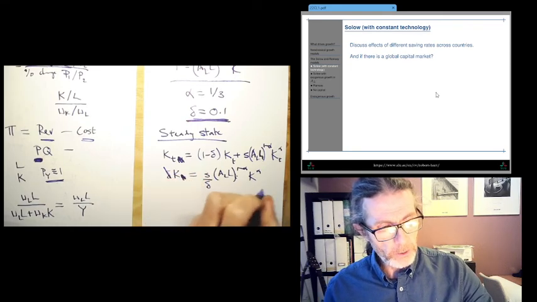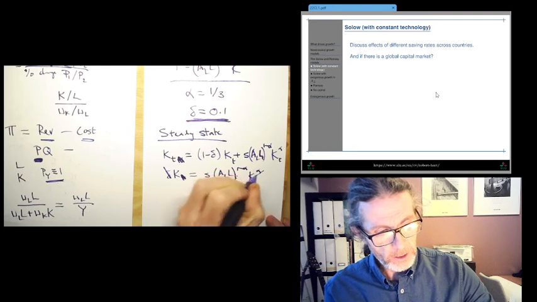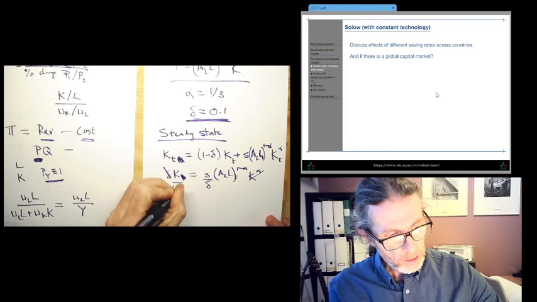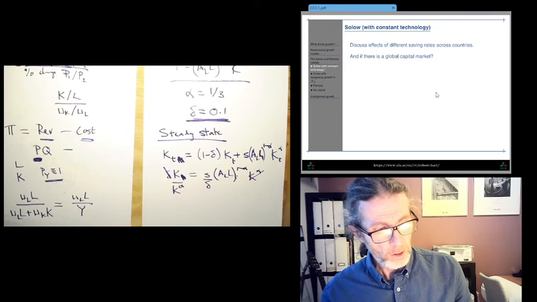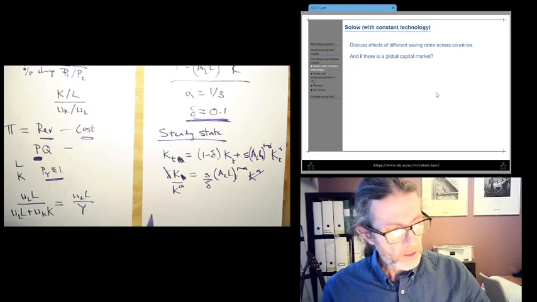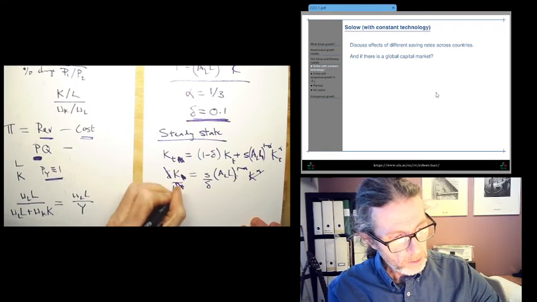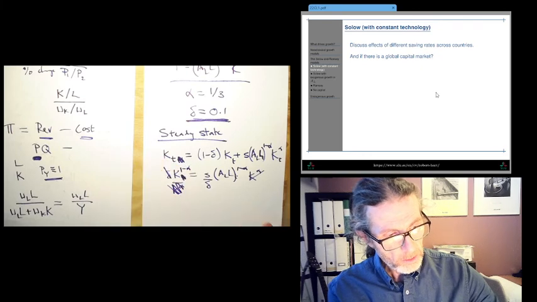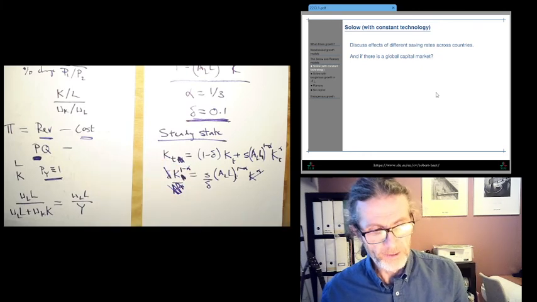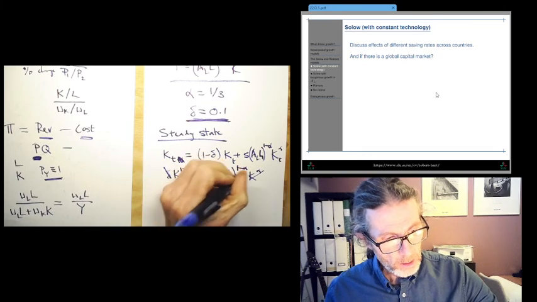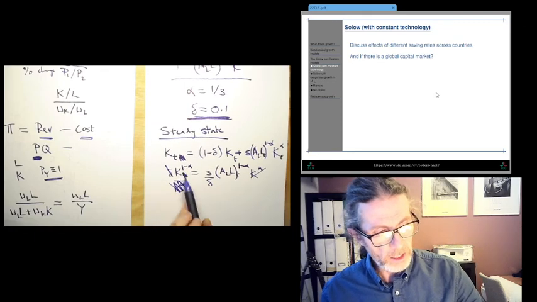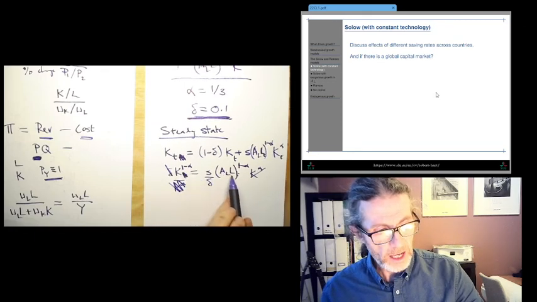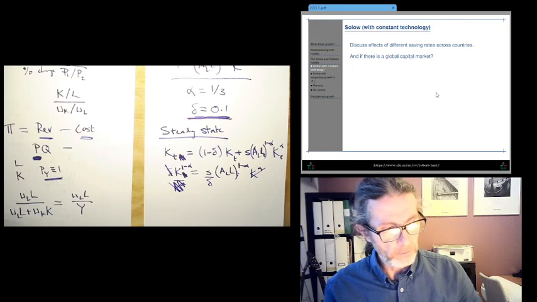Now let's divide through by K to the power alpha, and we have that. And that is the same as K to the 1 minus alpha. Okay? So we've got K to the 1 minus alpha is s over delta times A L to the 1 minus alpha.